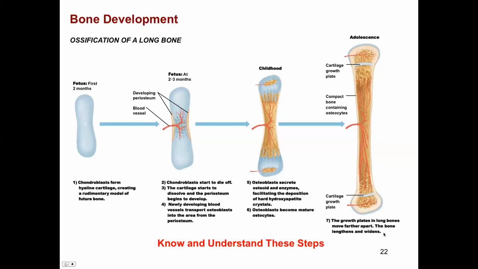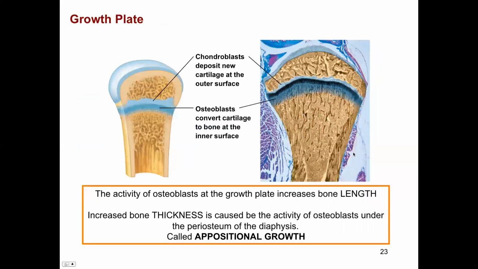Now, it doesn't cause the width. The bone lengthens and widens, but it widens a little bit on the end, and the shaft also has to widen, which is where we have appositional growth. That isn't done starting with a cartilage model.